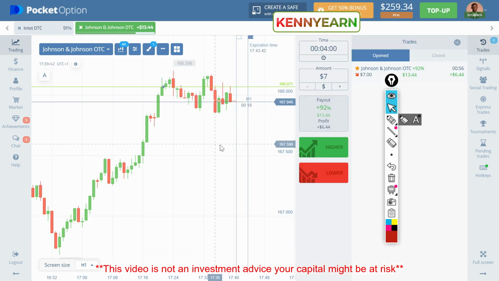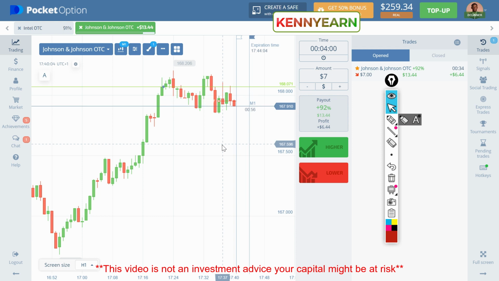Okay, we have less than 1 minute more. That means the entry is going to be decided on the last candle. The last candle, that's what's going to confirm it. Alright, we have a few seconds more.